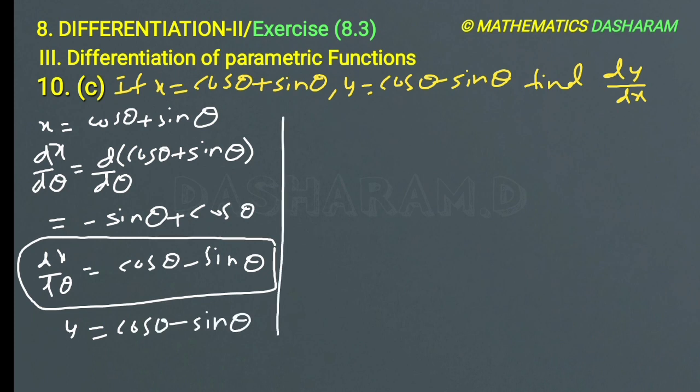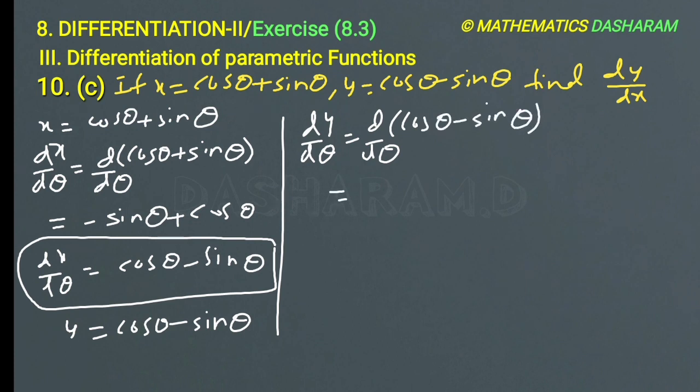Next, the second function y equals cos theta minus sin theta. Here also, do the derivative on both sides with respect to theta. So d by d theta of cos theta minus sin theta equals the derivative of cos theta, which is minus sin theta, minus the derivative of sin theta, which is cos theta.